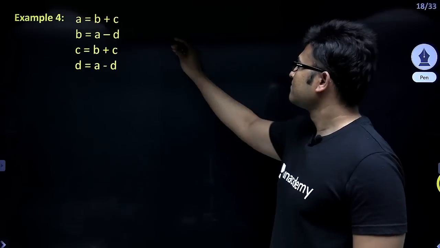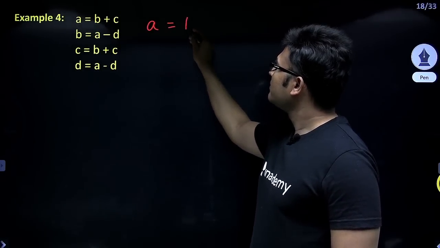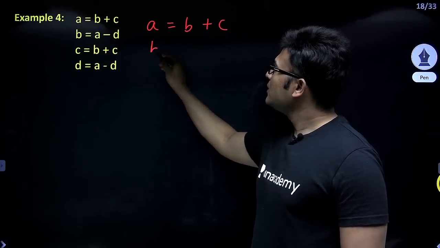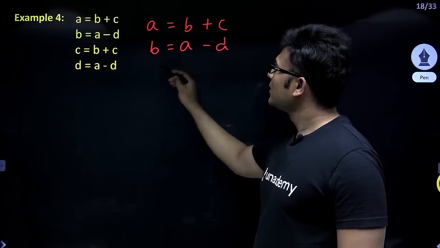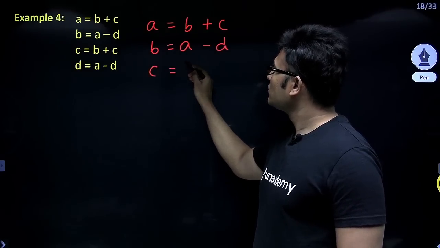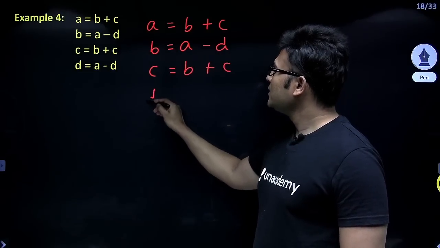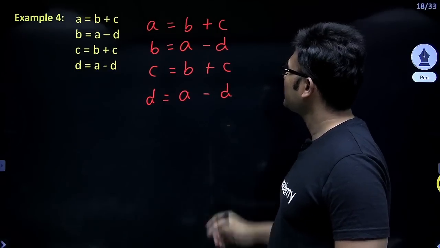Look at this. So we have A equal to B plus C, and B equal to A minus D, and C equal to B plus C, and D equal to A minus D, right?